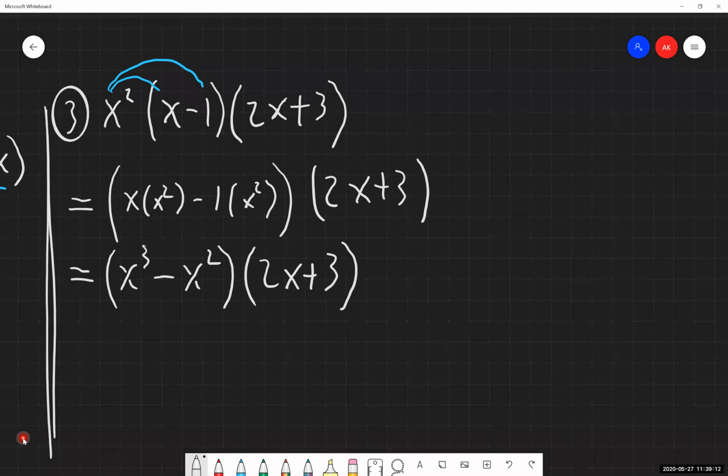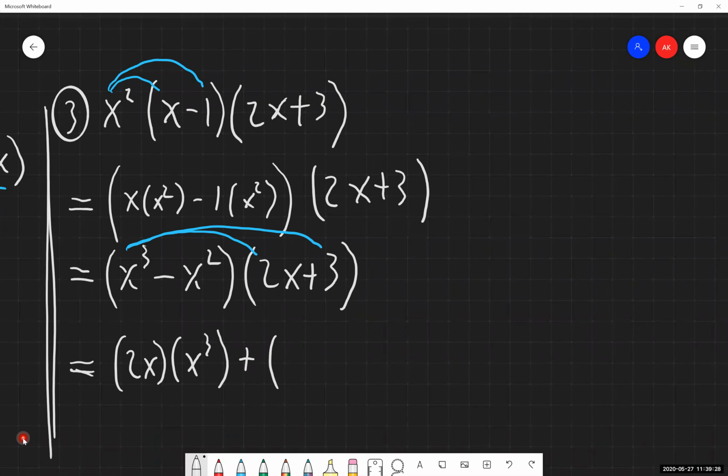So the x cubed in the first is going to multiply through. Again, we're just using the distributive property here. So we have 2x times x cubed plus 3 times x cubed. And then we're taking this negative x squared, and that's going to distribute through.